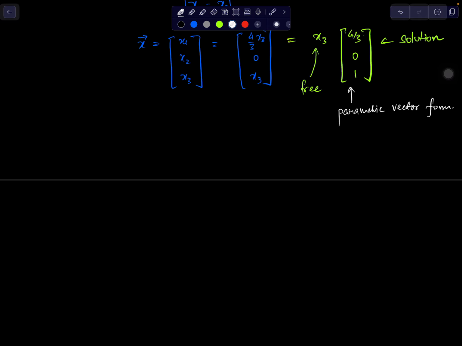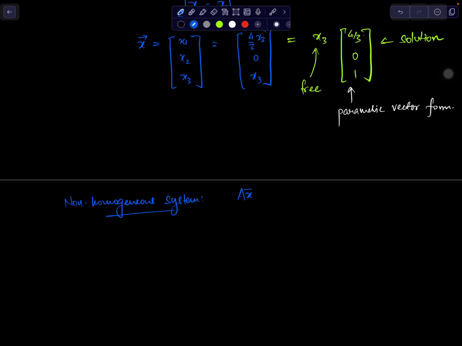So let's take another example, again from the textbook. For a non-homogeneous system, remember that the right-hand side vector is not a zero vector anymore. So here's an example.